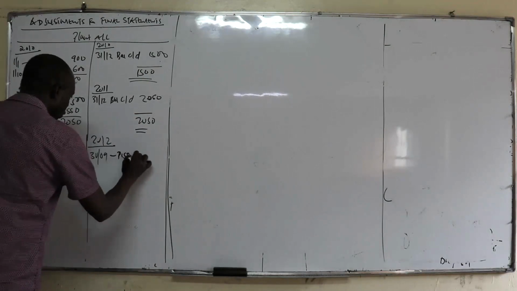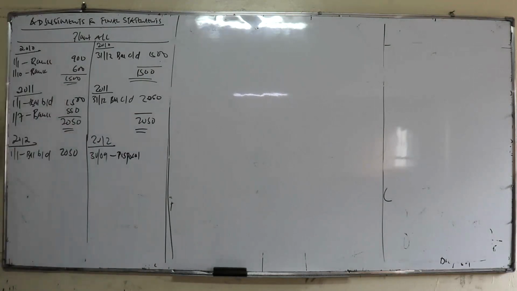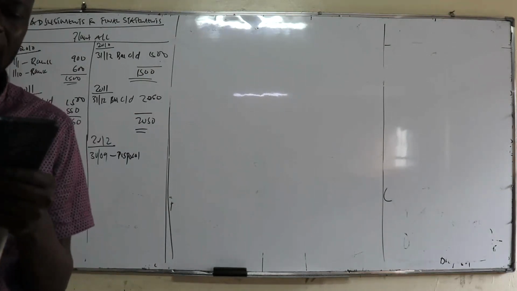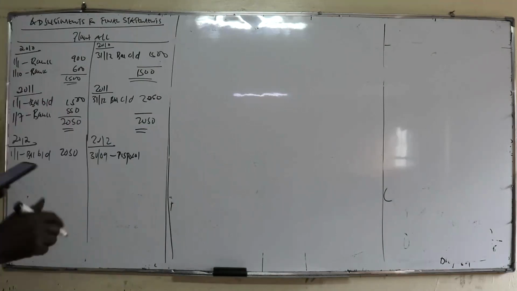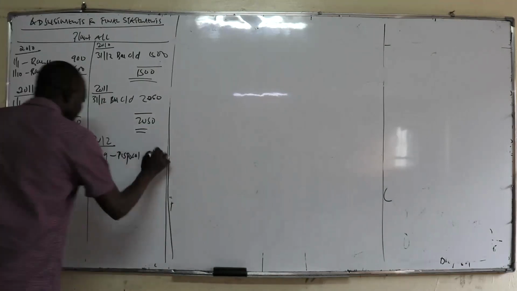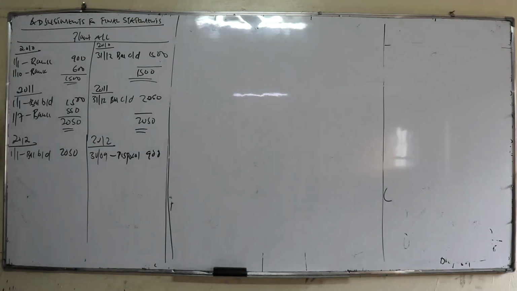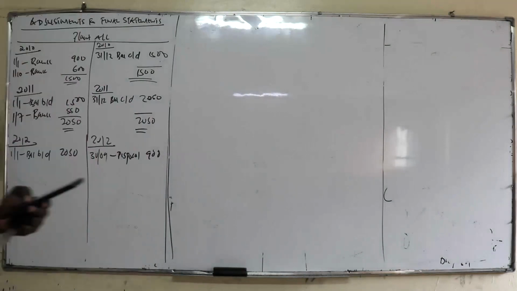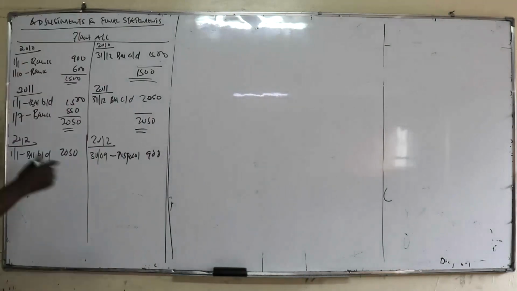We said when you're selling it off, you credit the asset and you debit disposal. So this asset that was being disposed of was acquired on 1st January at 900. So you write there 900. The original cost, not the amount of money that was received for the sale. The amount of money that was received for the sale was 275. You don't credit with that. You credit with the original amount. There's nothing else that happened in 2012.